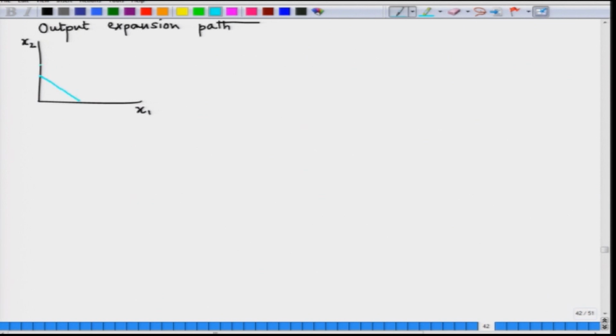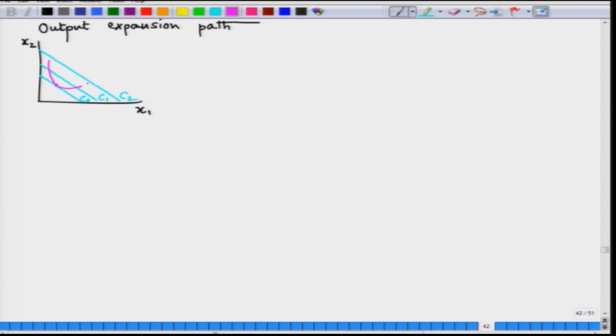A higher level of isocost line basically represents higher volume of resources available to the firm. So, this is denoted by say isocost level C0, this is denoted by C1 and this one is C2, right. And we can find out a series of equilibriums for the single firm where tangencies are obtained.